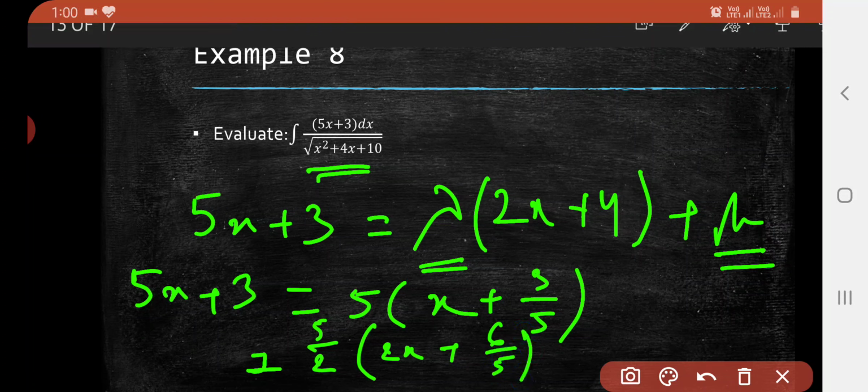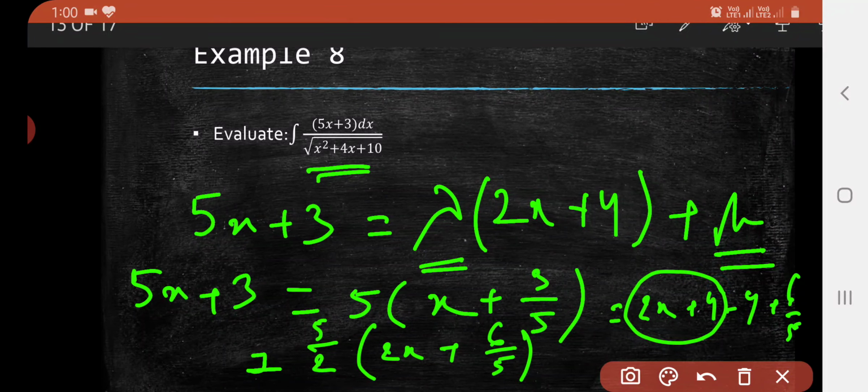Then this 2x plus 6 by 5, I can write as 2x plus 4 minus 4 plus 6 by 5. So therefore this is 2x plus 4 into 5 by 2.